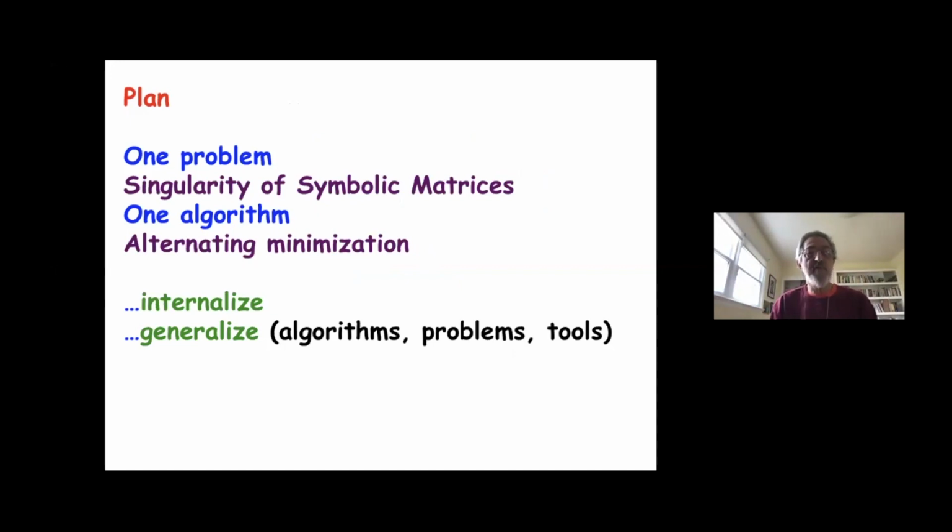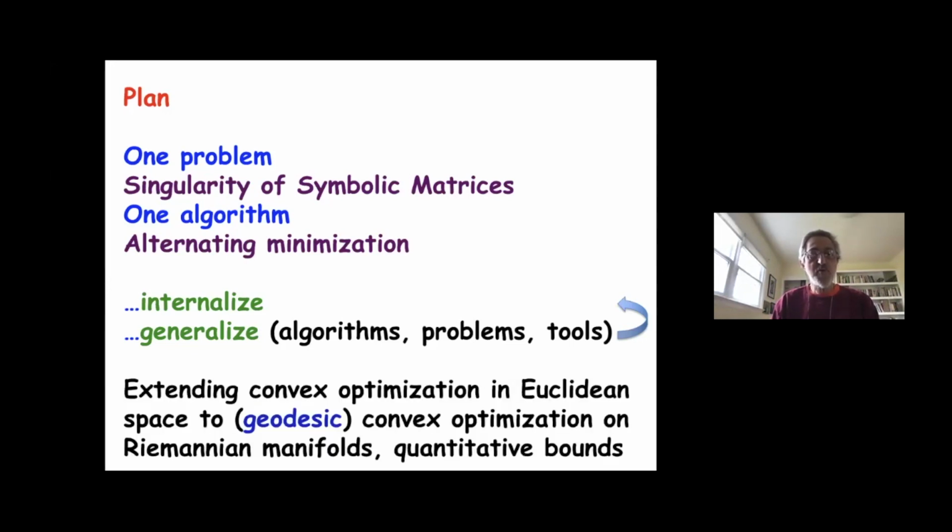I'm more or less following the evolution of ideas in this project. And once we internalize, we'll generalize, and once we generalize, we internalize more, and we'll understand better and better what we do, and there'll be stronger and stronger results. And I hope to get to this geodesic optimization and describe it at least at high level.